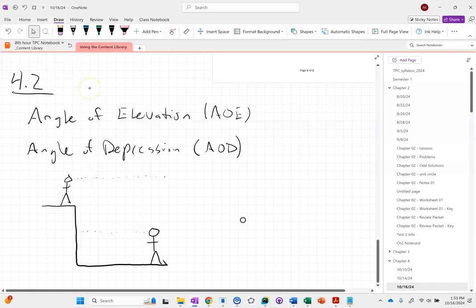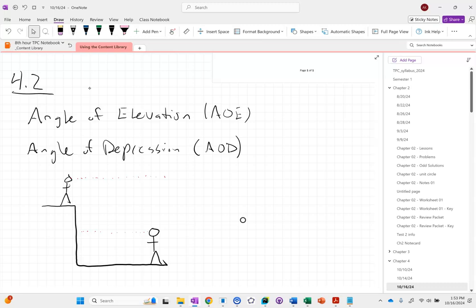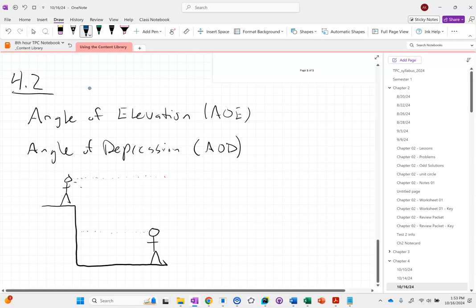If we're the person up high, we're looking straight ahead and we want to look at the person below us, we have to tilt our neck down, right? So if I change my line of sight like this, that's an angle of depression.